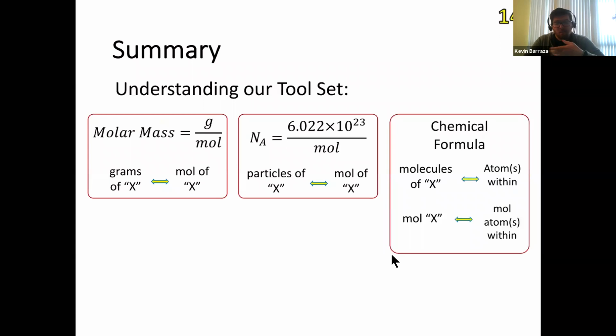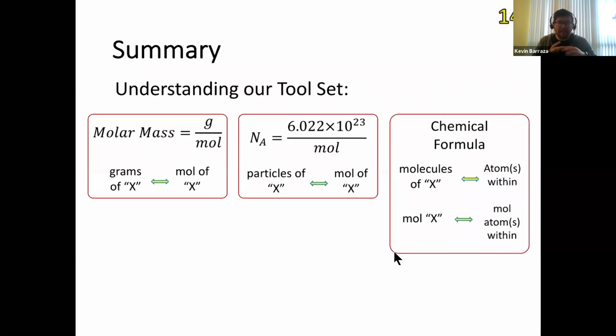And then finally, what we learned in the pre-lecture and what we demonstrated in the last two problems is that chemical formulas are helpful to convert the big substance, the whole, to the part, right? An entire molecule has this many atoms in it. And so when I see H2O, I can turn it into, there are two H's in every water.